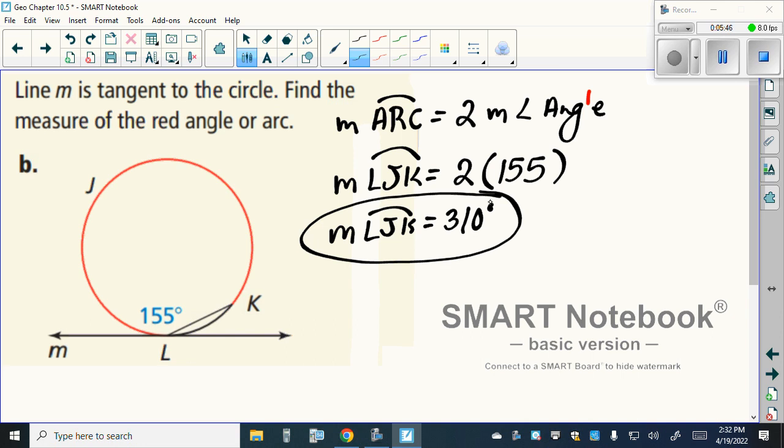Which is expected, because if we look, the arc is almost a full circle, and a full circle is what? 360. Questions on this here? We ready for the next one? Okay.